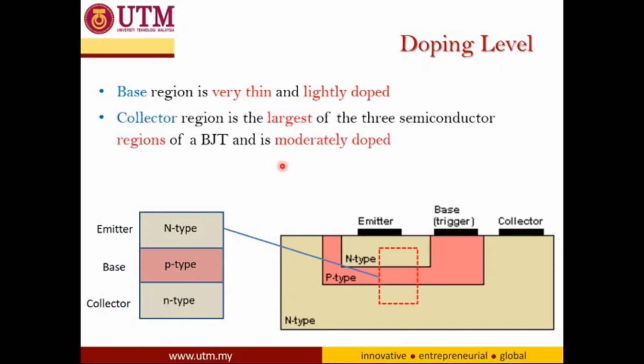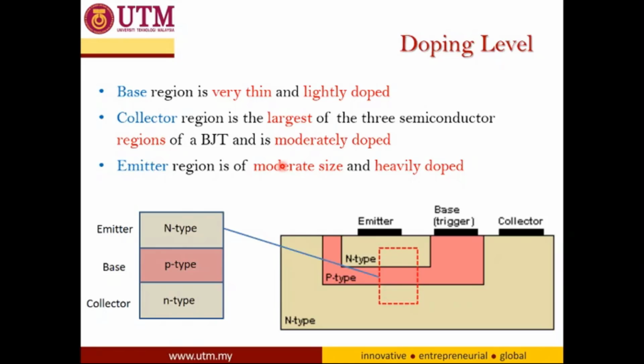Okay, when we dope the semiconductor, we can control the doping level. What does doping level mean? It is the concentration of the added dopant atoms or added impurities.